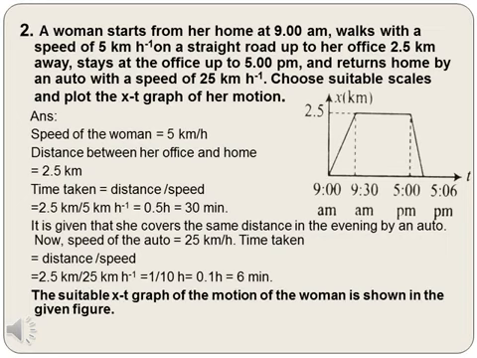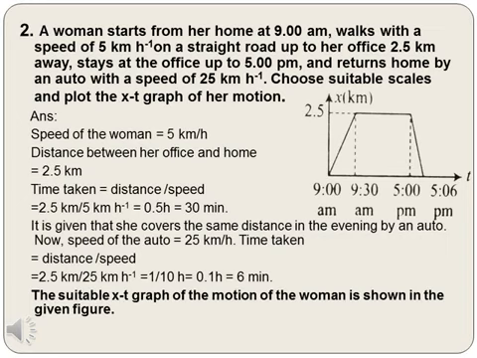Here given that speed of the woman is equal to 5 km per hour. The distance between her office and home is equal to 2.5 km. You know that time taken is equal to distance divided by speed. So it will be equal to 2.5 km divided by 5 km per hour is equal to 0.5 hour is equal to 30 minutes.